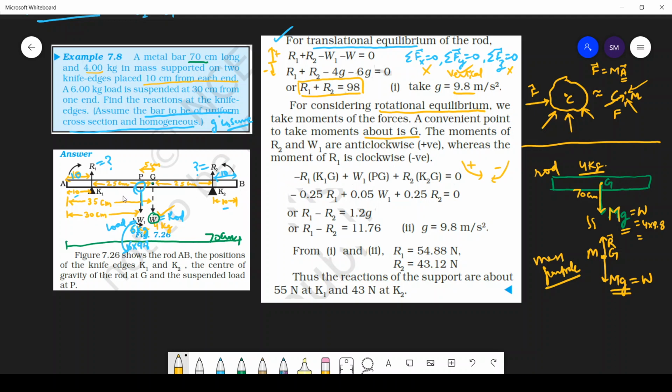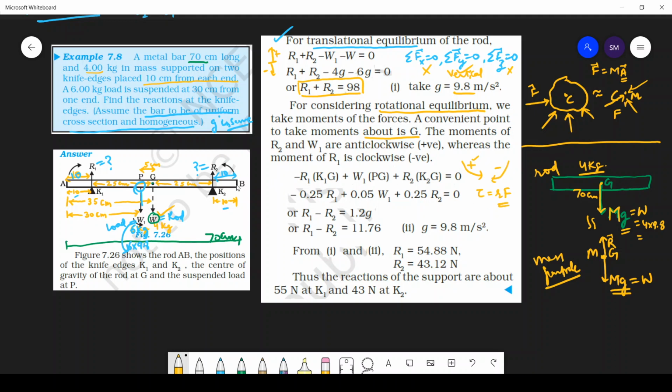So where do we have the forces? Let us start. These are the four forces, of course, R1, R2, W1 and W. Let us find the torque at those points. So the magnitude of torque is r into F. If it is in this direction, take it as positive, in clockwise take it as negative.